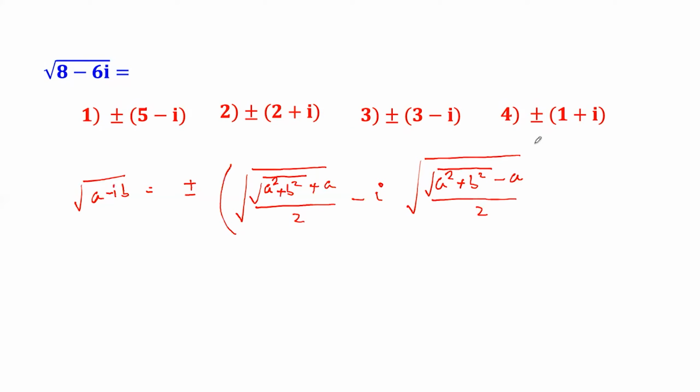This whole is in the bracket where a is 8 and b is 6.